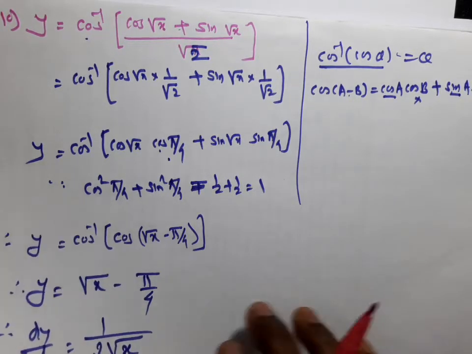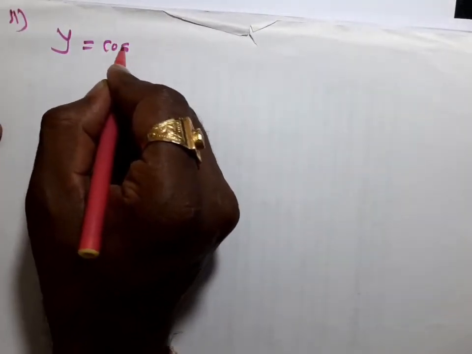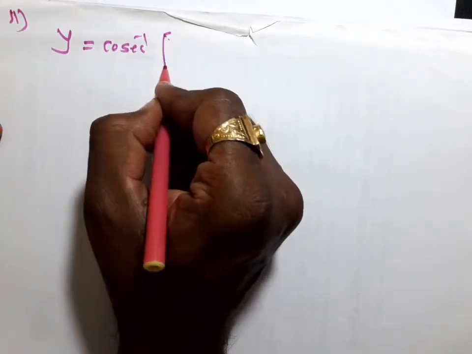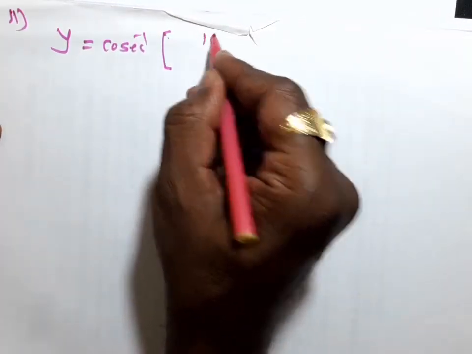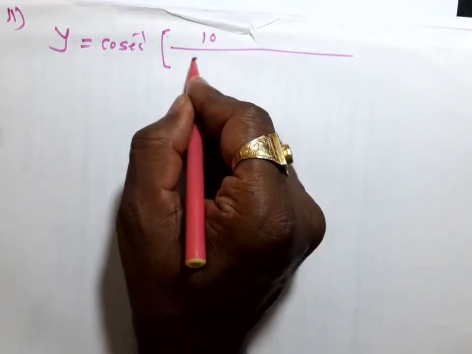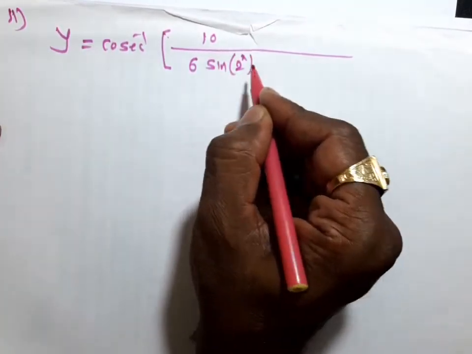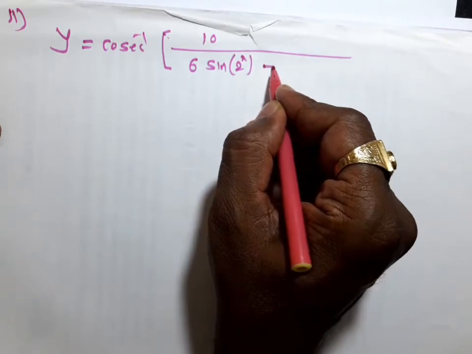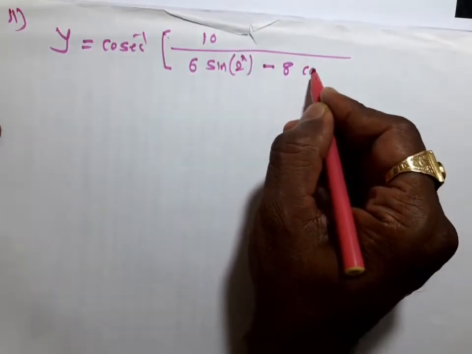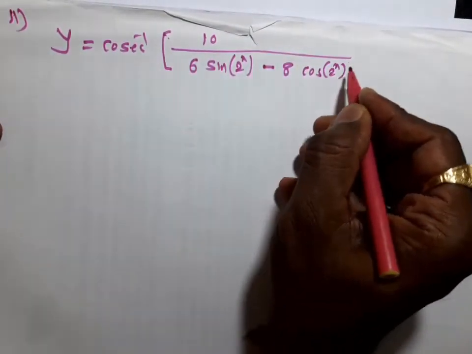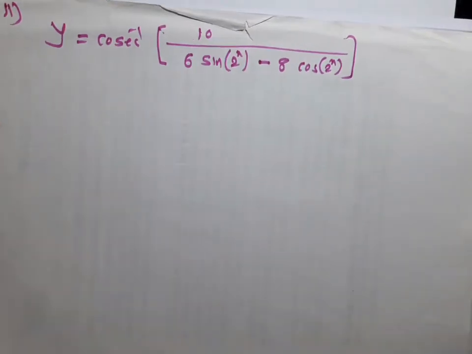Next, one more example I am taking to support this idea. That is example number 11. y is equal to cosec inverse of 10 upon 6 sine 2 raised to x minus 8 cos 2 raised to x.